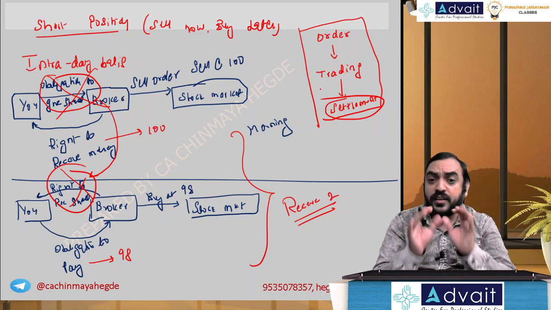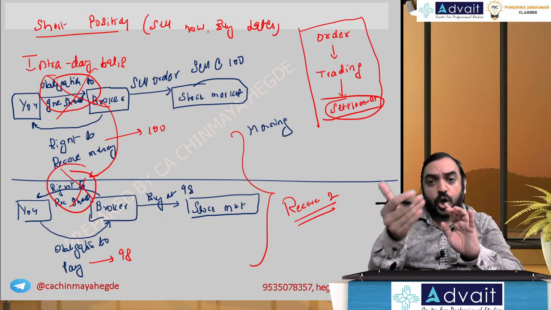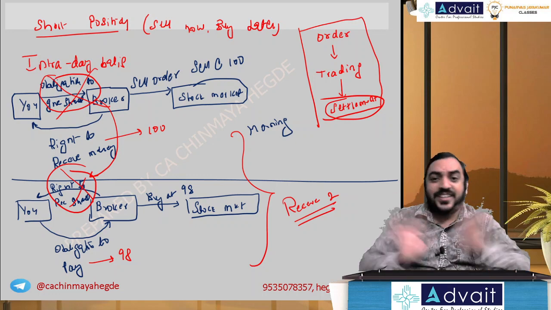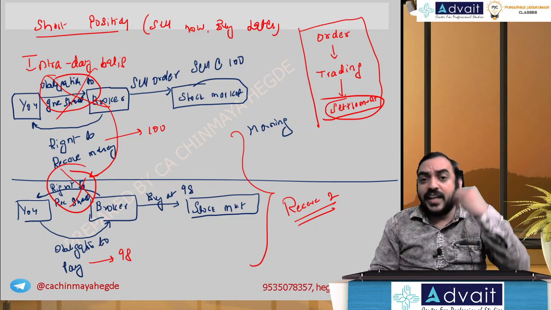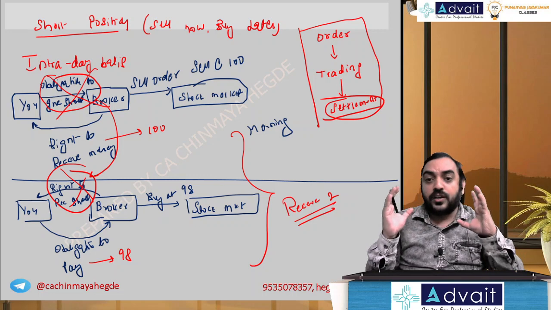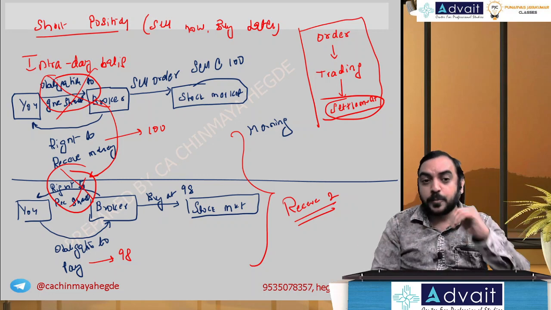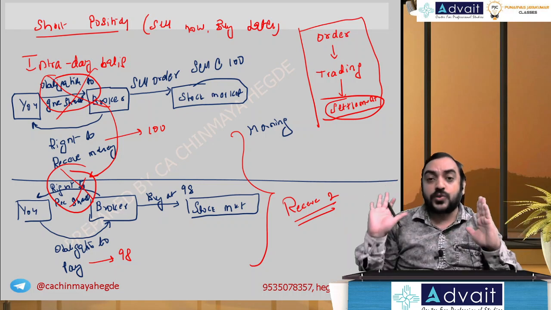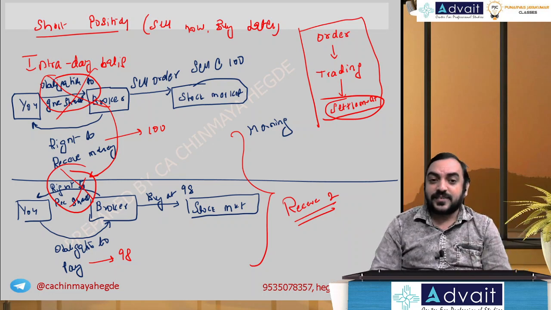So first I placed an order to sell. Other person placed an order to buy. Now cash did not actually transfer. Shares did not actually transfer. These are all just orders. I executed a sale order. Other person executed a buy order. In the evening, we'll square off our position. I close it. So in the morning I sell, evening I buy, my position is closed. I don't have to give shares, I don't have to receive shares.